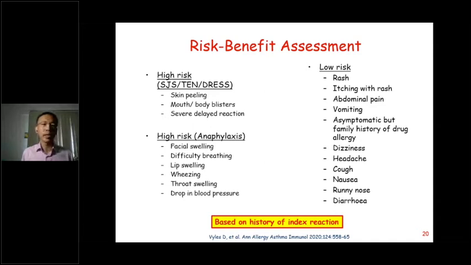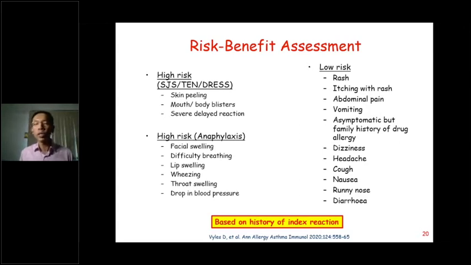Skin peeling, blisters, or a severe delayed reaction, or even features of, say, anaphylaxis like facial swelling, breathlessness, lip swelling, wheezing, throat swelling, a drop in blood pressure. These would be the high risk reactions and the high risk drugs where one would need to be extremely careful before deciding whether it is safe to delabel the patient or not.